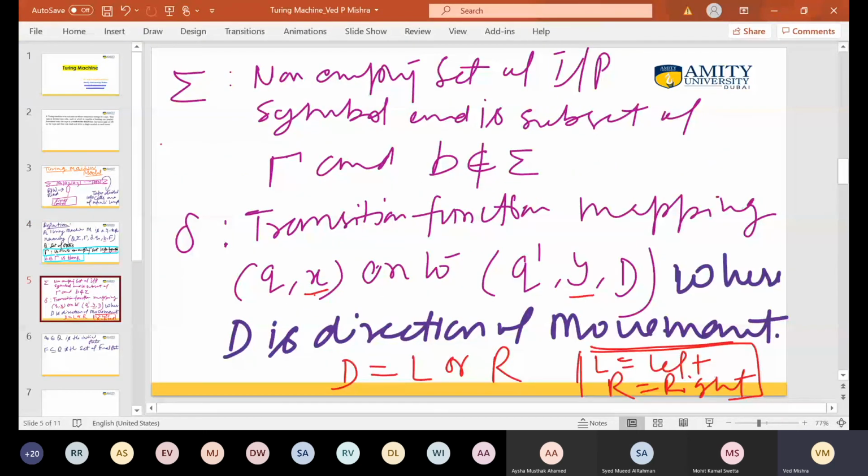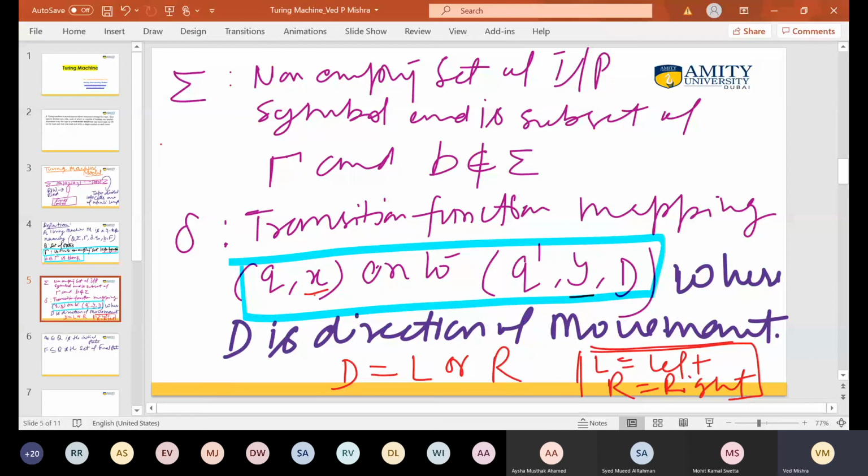And the transition function is actually different in every machine, but here you will be using direction D, and D can be either L or R. L means left hand side, R means right hand side.